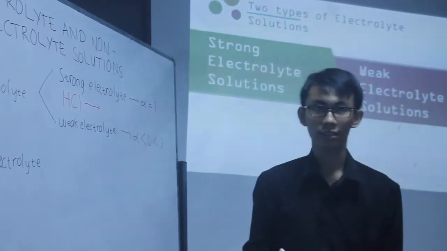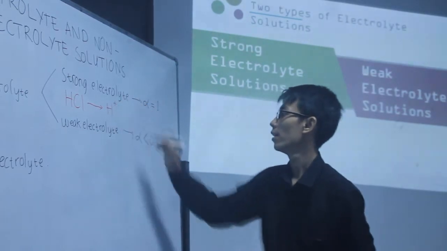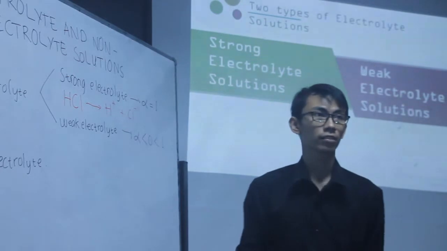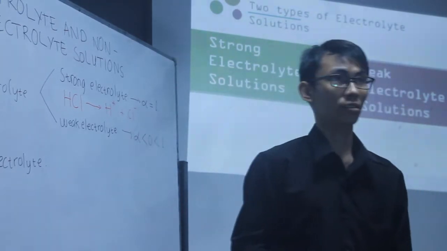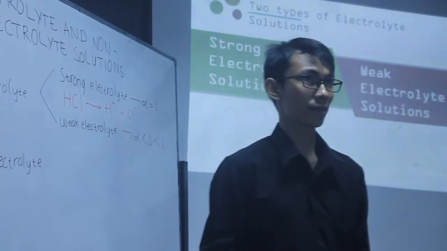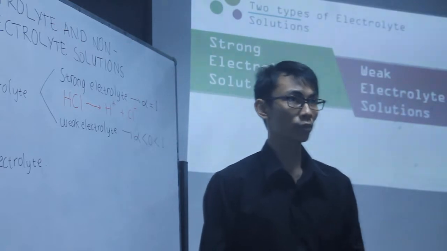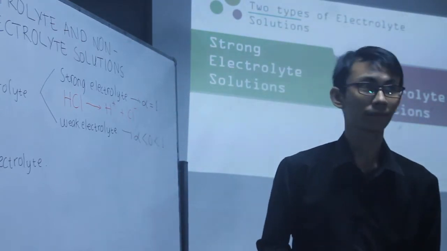When it is ionized, it will become H+ and Cl-. Strong acids, strong bases and salts will be perfectly ionized because when dissolved into water, they'll be decomposed perfectly. No molecules of the compound remain.